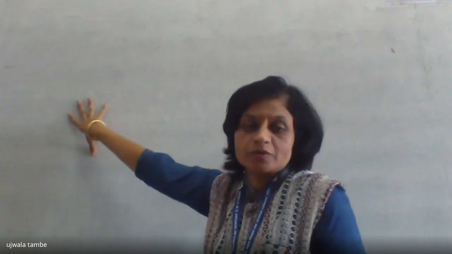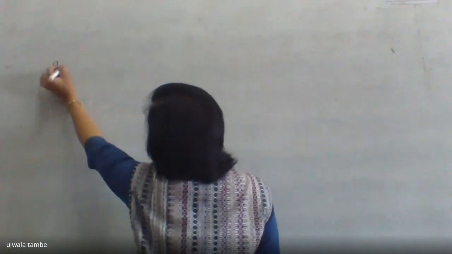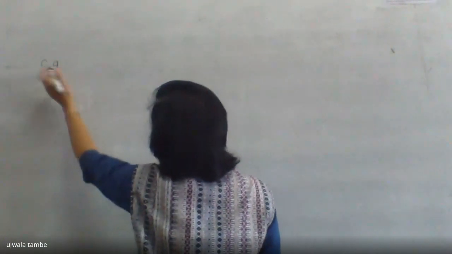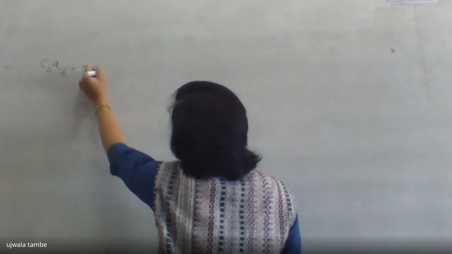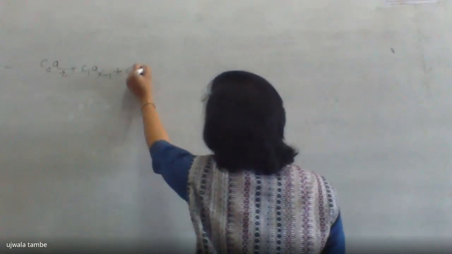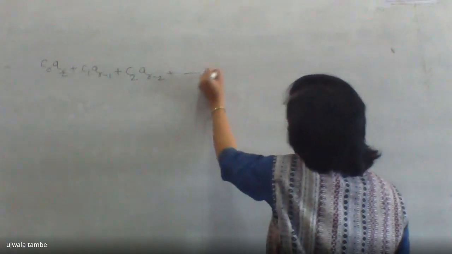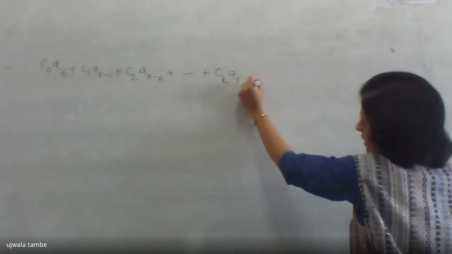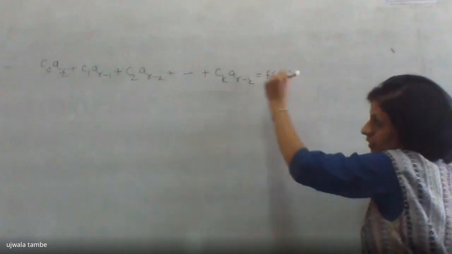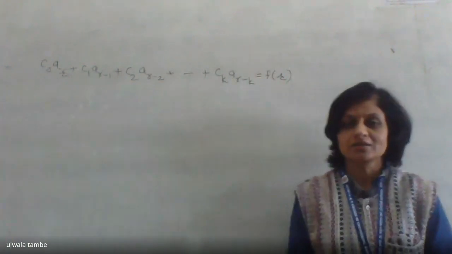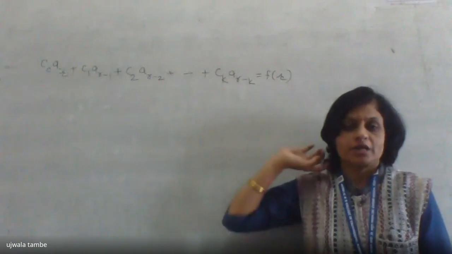Next type is non-homogeneous recurrence relation. We know the standard form of a non-homogeneous recurrence relation: C0 AR plus C1 AR minus 1 plus C2 AR minus 2 plus up to CK AR minus K is equal to F of R. This equation is known as a non-homogeneous recurrence relation.